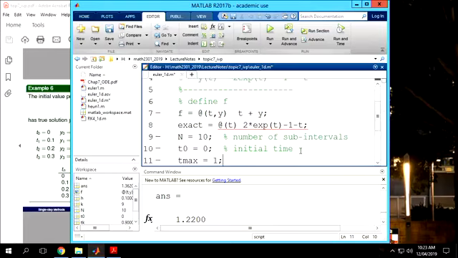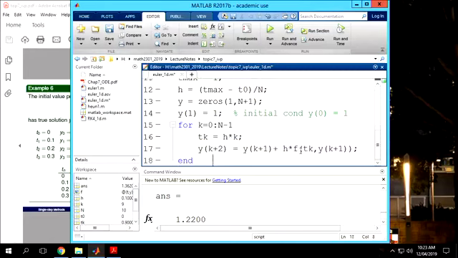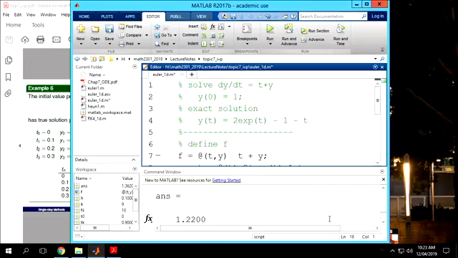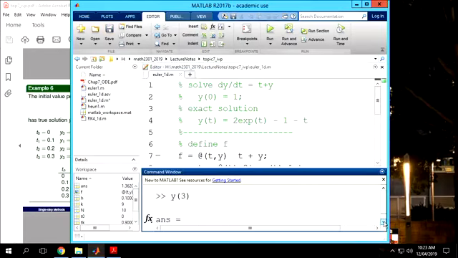So then I can plot again. Maybe let me put a plot command inside this.